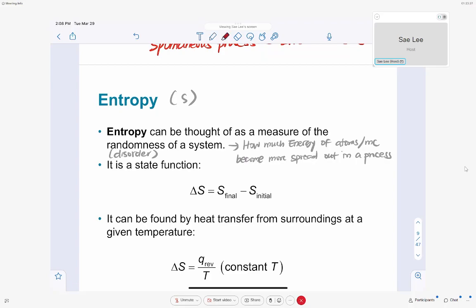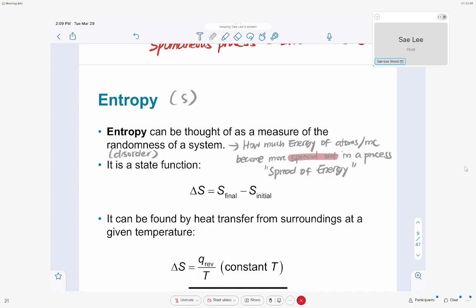Because of this spread of energy, people think of this part as a disorder, randomness, okay?